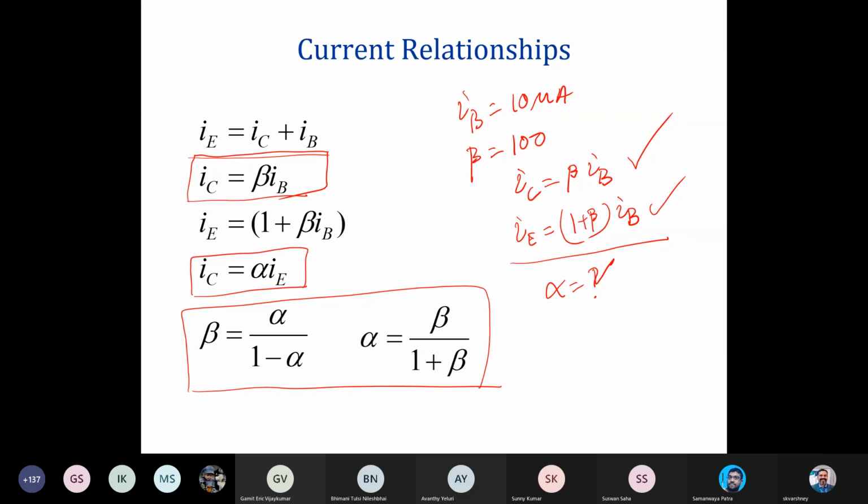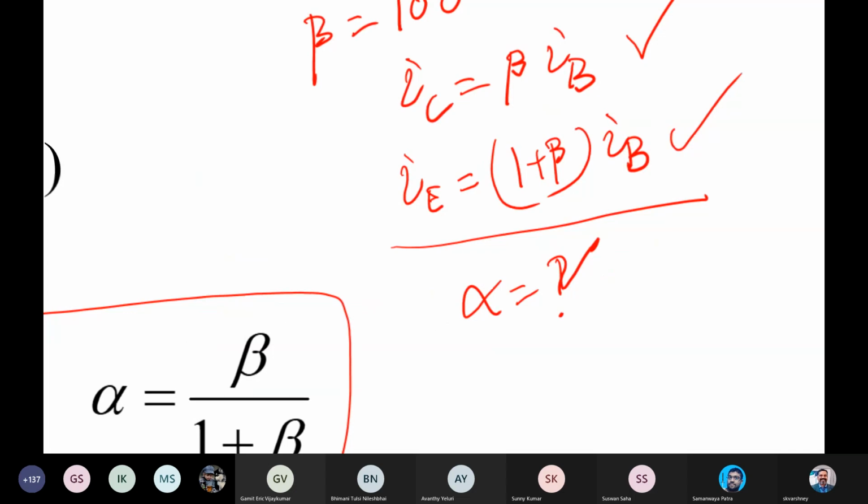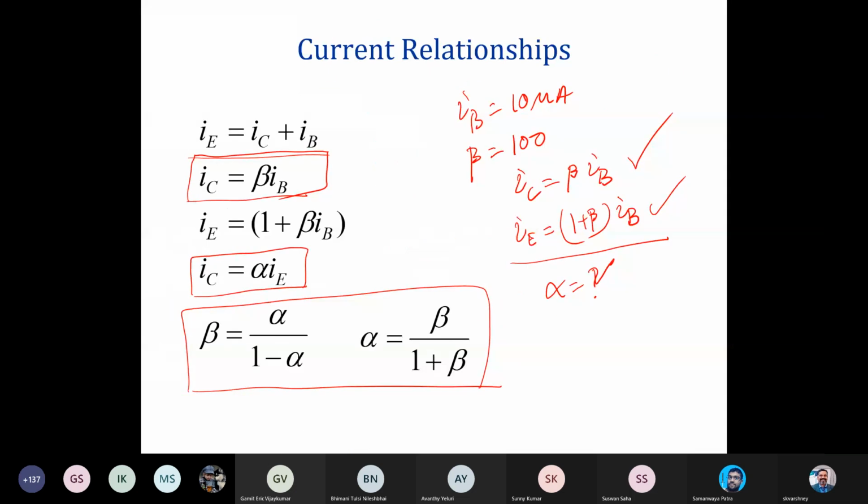Okay, so I discussed this. To summarize the current relationships: IE equals IC plus IB, and IC is related with beta times IB, and IE is 1 plus beta times IB. I think there is a typo here; this should be 1 plus beta into IB.